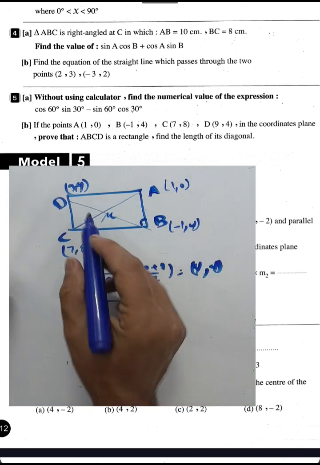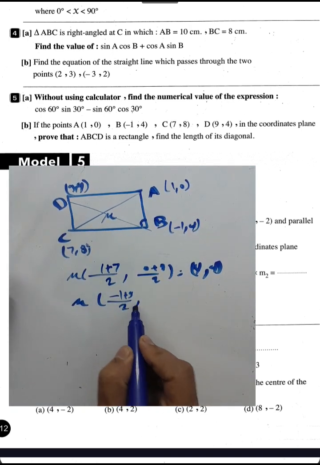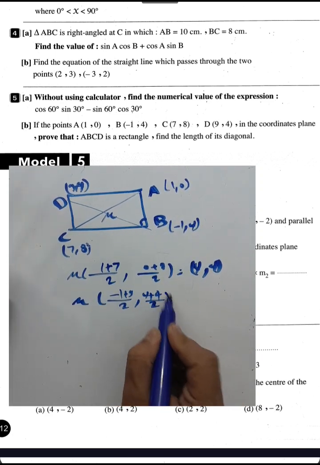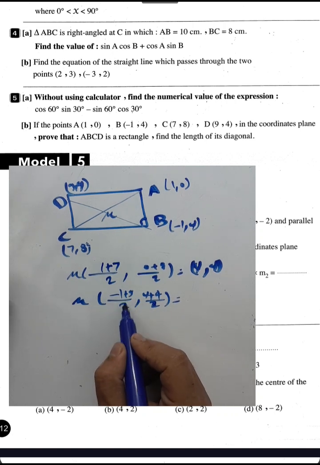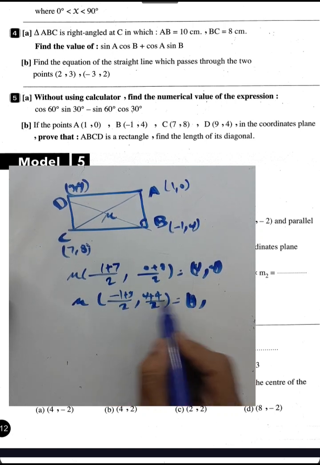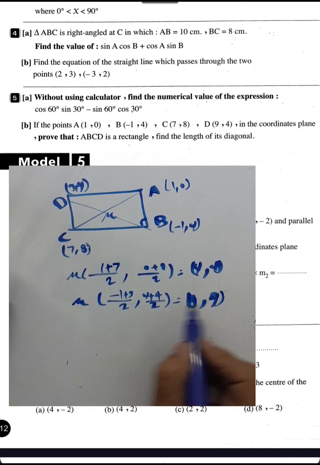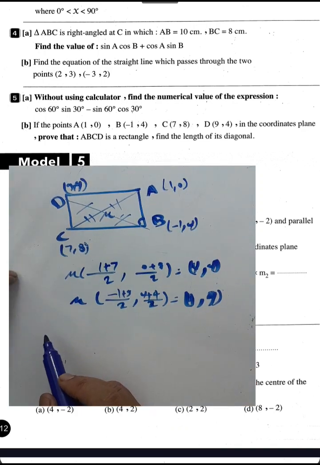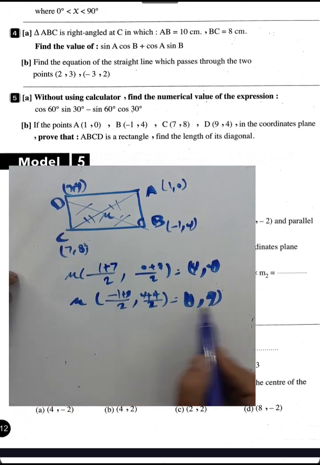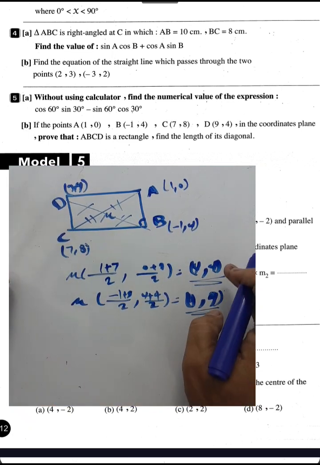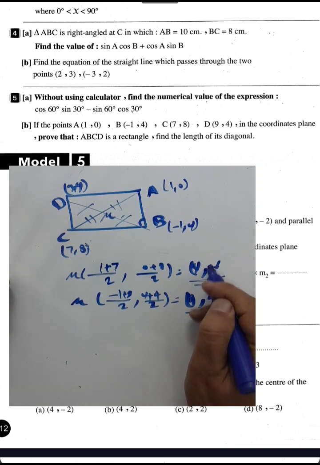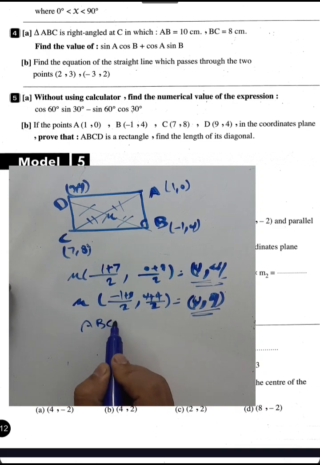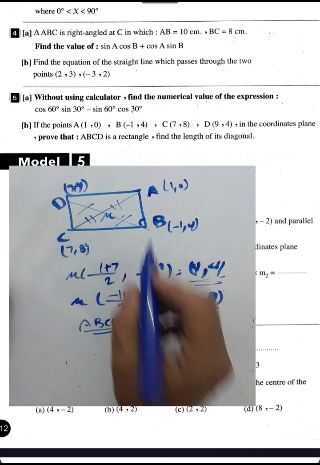Because negative 1 plus 9 is 8, divided by 2 is 4, and 4 plus 4 divided by 2 is 8 divided by 2, which equals 4. Then M lies in the middle between AC and BD. M is 4 and 4 for both. Then the two diagonals of ABCD bisect each other.